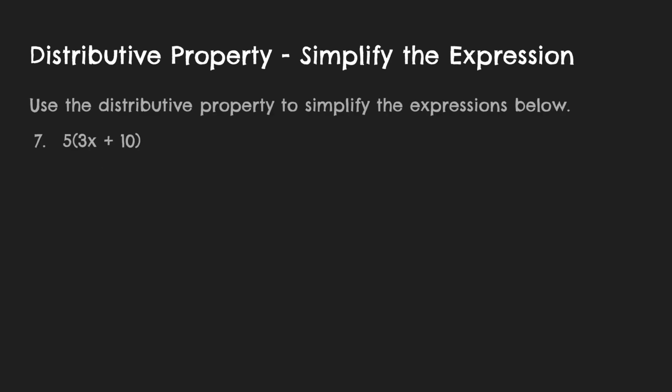All right. Use the distributive property to simplify the expression below. We don't have to write simplest form or expanded form. You're more than welcome to, but we're just going to write the simplest form. Let's do, here we'll do green. We're going to put 5 on the side, 3x plus 10.